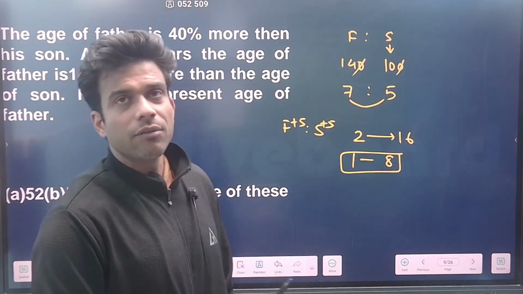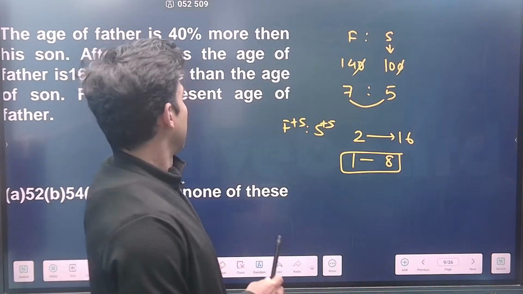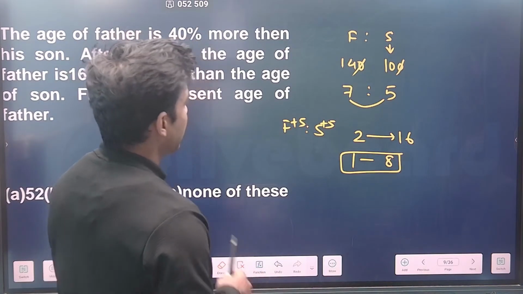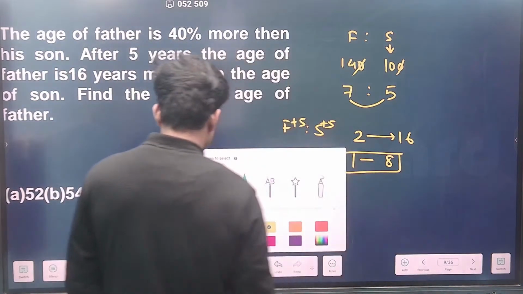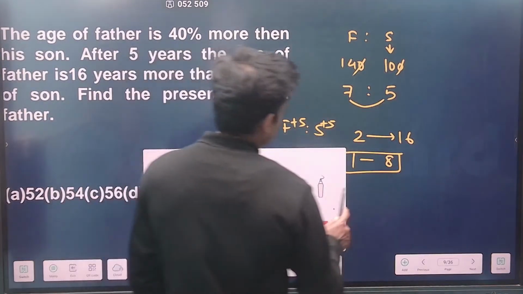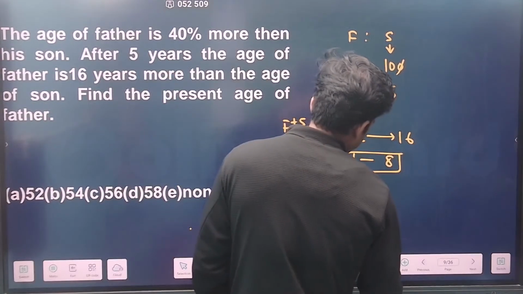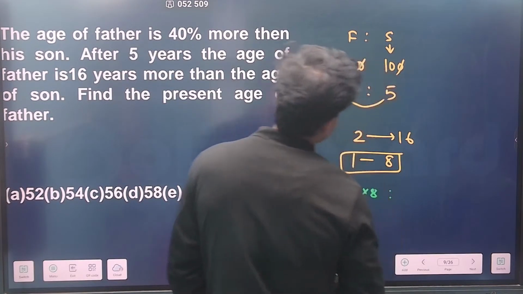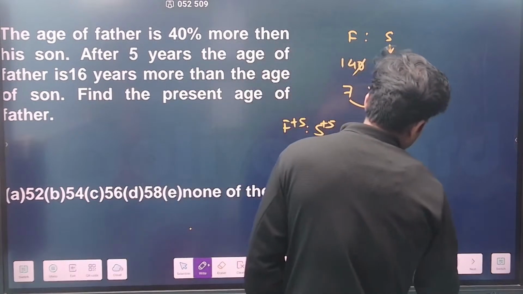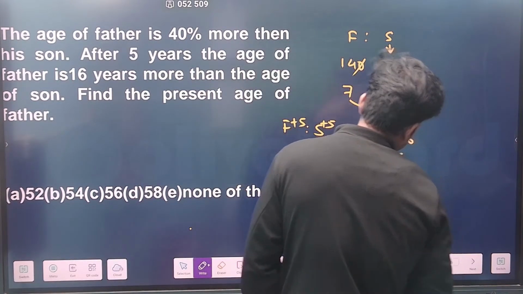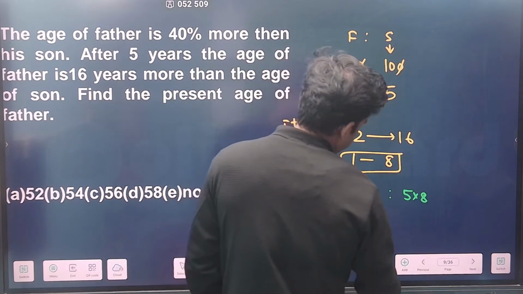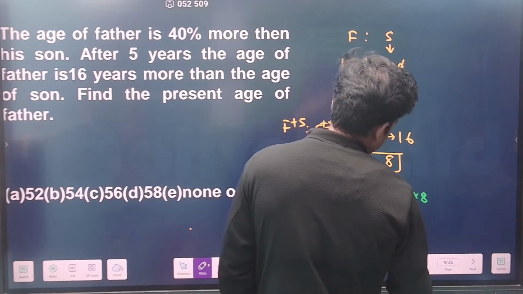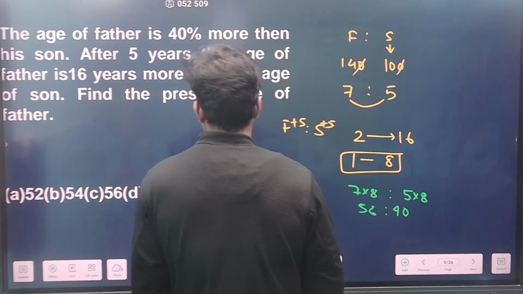So they are asking what? Present age. So 1 is 8, then 7 multiplied by 8 is to 5 multiplied by 8. So 8 sevens are 56 is to 8 fives are 40.